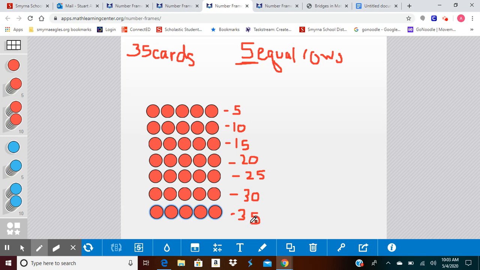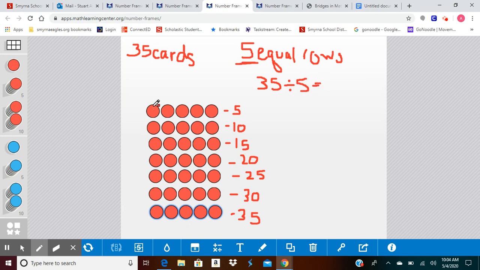So let's make our division equation. We start with our largest number, which is the 35. And we're dividing by what we've been given, which is 5 equal rows. And what did we learn that equals?